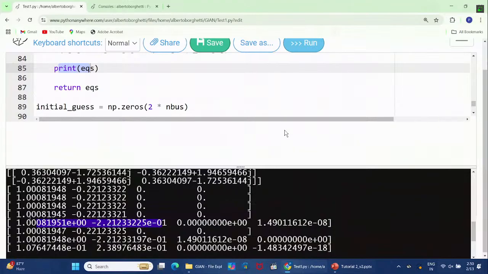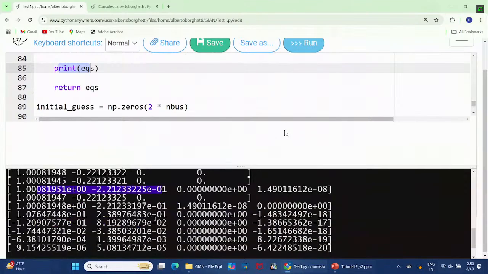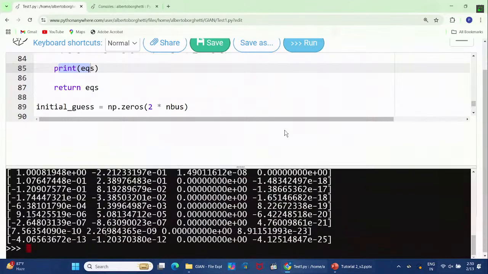This is 1008, but this is minus 2. E minus 2 means 10 to the minus 2, so it is 0.01. And then there is minus 1, minus 2, minus 3, minus 5, and the last row is minus 13, minus 12, and then minus 25. So these numbers are saying to us that probably we have written something bad in our function, but it has found a solution of the problem that we have given. So it reaches convergence.